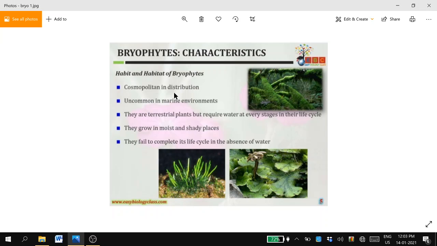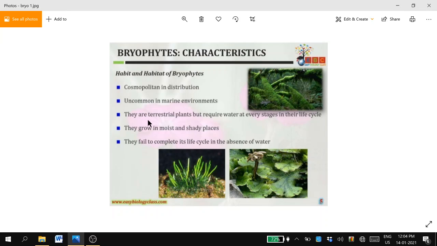When we talk about the distribution, bryophytes are cosmopolitan in distribution, but they are not usually present in marine environments, because in the marine environment the amount of salt is very high, or we can say that the salt concentration in the water is very high.